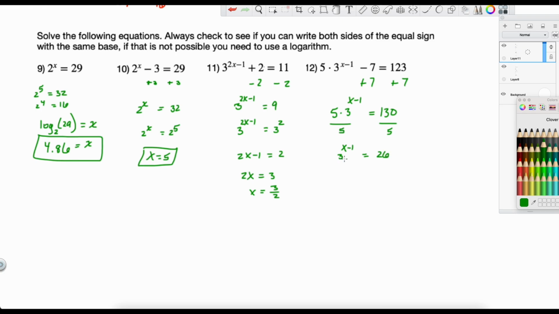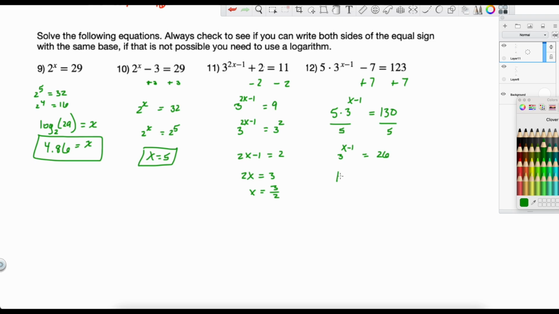Okay, we cannot write 26 as a base 3 exponent here. 3 to the 3rd is 27. I can't do 3 to anything to get 26. Okay, so let's write it as a logarithm.